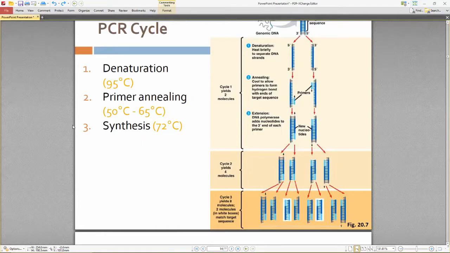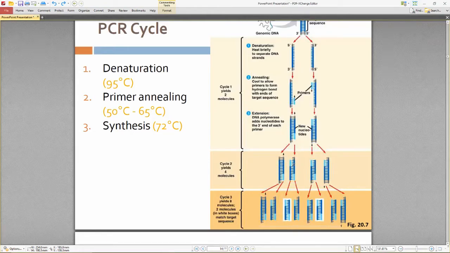Step 3, synthesis. In step 3, our DNA polymerase, in this case TAQ polymerase, will add nucleotides to the 3' end of each primer, and that is one cycle of PCR complete.